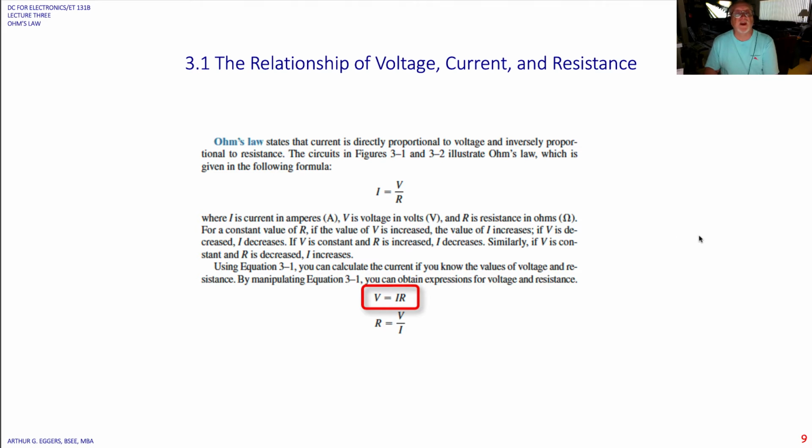For a constant value of R, if the value of the voltage is increased, the value of the current increases. If the voltage is decreased, the current decreases. If the voltage is constant and the resistance is increased, the current will decrease. Similarly, if the voltage is constant and the resistance is decreased, I increases.